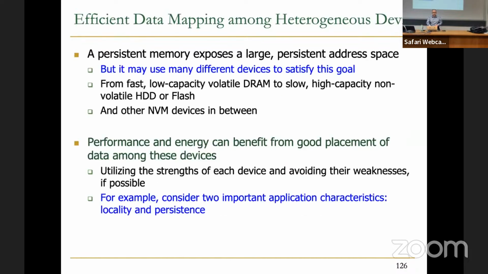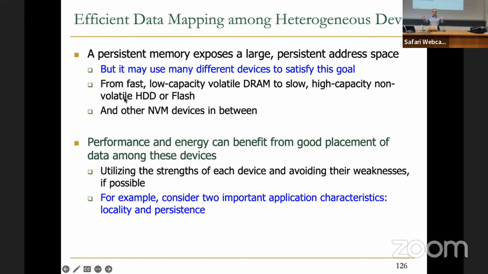Okay, so for efficient data mapping among heterogeneous devices, just to give you some idea, persistent memory exposes a large persistent address space, but it may use many different devices to satisfy this goal, from fast, low-capacity, volatile DRAM to slow, high-capacity, non-volatile HDD or flash.